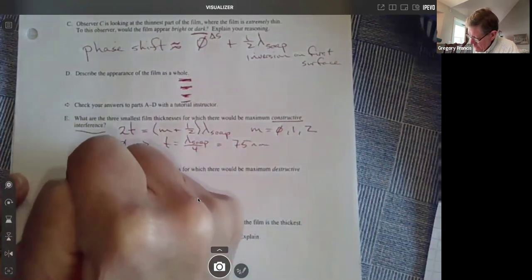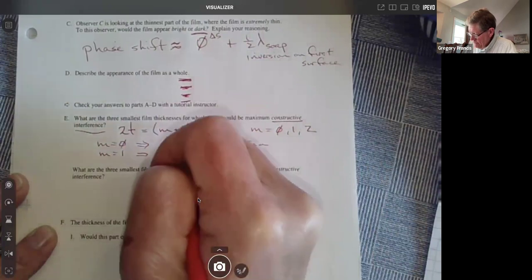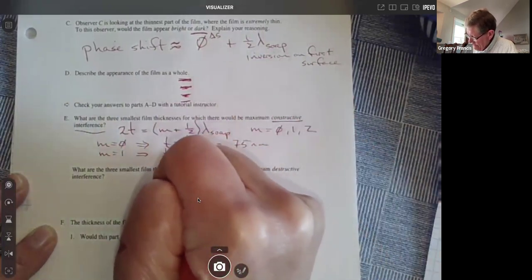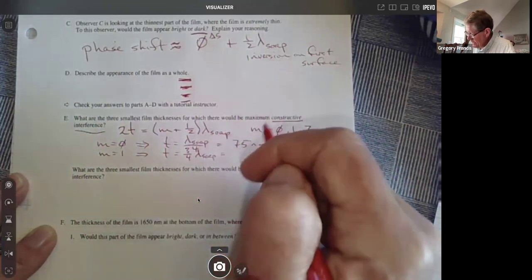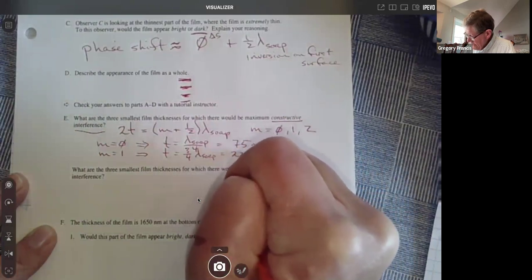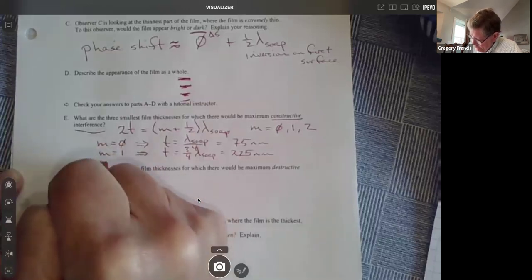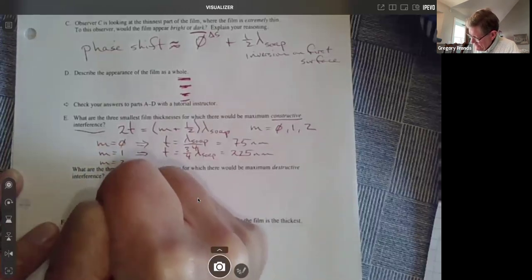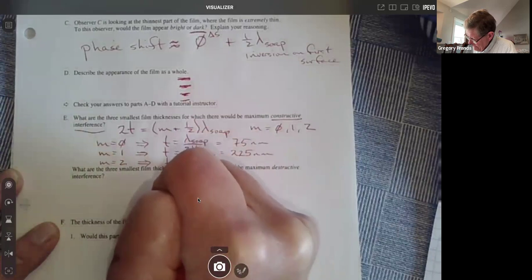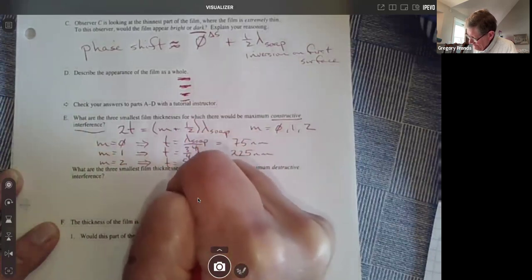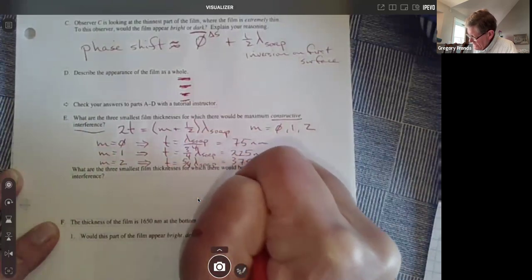When m is equal to 1, well, that's going to give me t is equal to 3/4 lambda in the soap, and that's going to be 225 nanometers. And for m equals 2, that's going to give me a t of 5/4 lambda of the soap, and that's going to give me 375 nanometers.